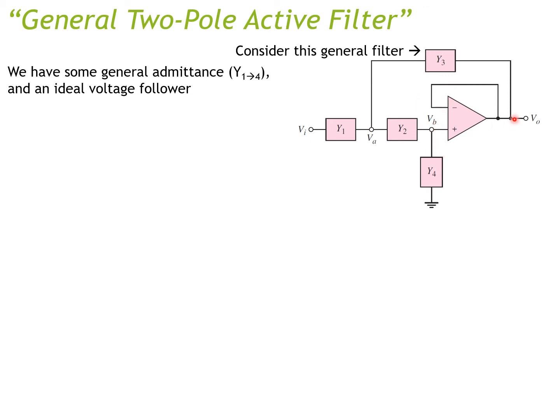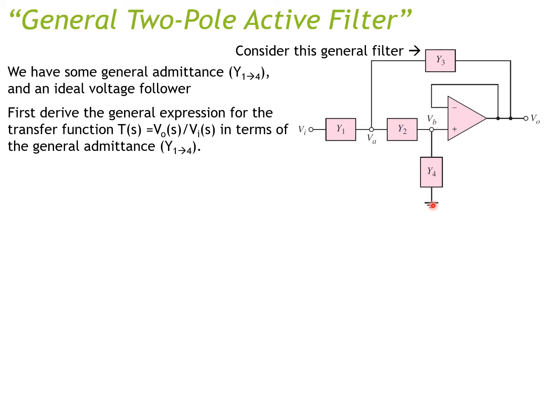Y3 is the feedback from the output back to the node between Y1 and Y2. Y4 is between the positive terminal of the voltage follower and the ground.